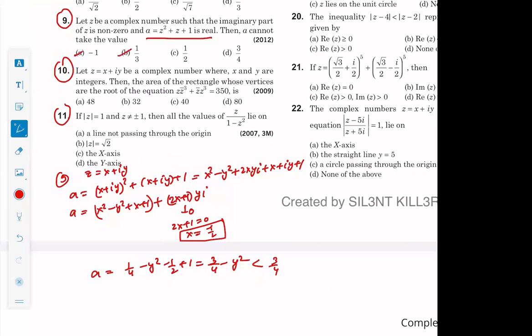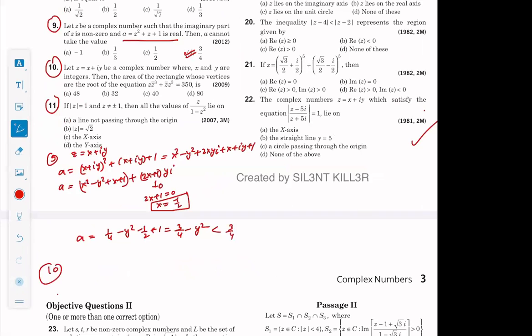So among A, B, C, a cannot be 3 by 4, because the question asked which cannot be. So a cannot be 3 by 4. Understood?